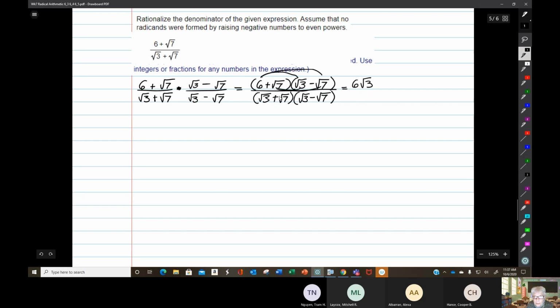Six times the square root of 3 minus 6 times the square root of 7 plus the square root of 21 minus the square root of 7 squared, over.